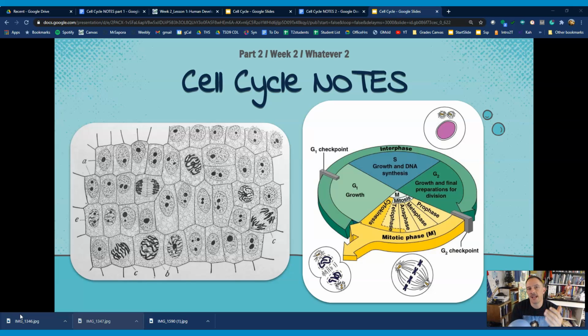A cell has a life cycle just like any living organism here on Earth has a life cycle. Regardless of whether you're a human or a scorpion or a cucumber, it's pretty much the same.